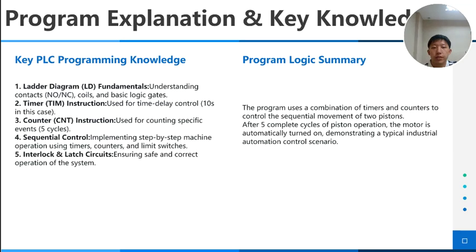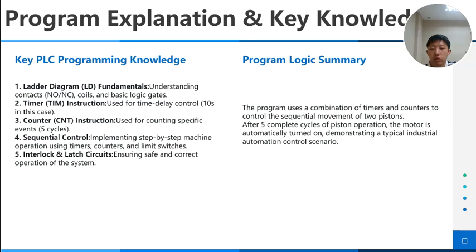The experiment also reinforced the concept of sequential control, where machines follow a predefined step-by-step process, and the importance of interlock circuits for safety and correct operation.